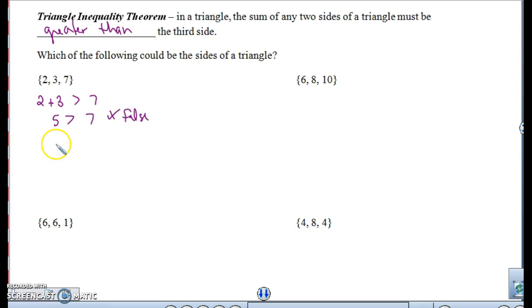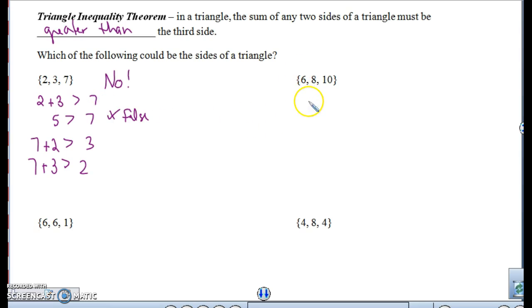So, since that doesn't work, this is not a triangle, so this one is no. Now, even if you did the other two sides, 7 plus 2 is greater than 3, or 7 plus 3 is greater than 2, these two work. But this one does not. So, if even one pair of sides doesn't work, then this will not work.